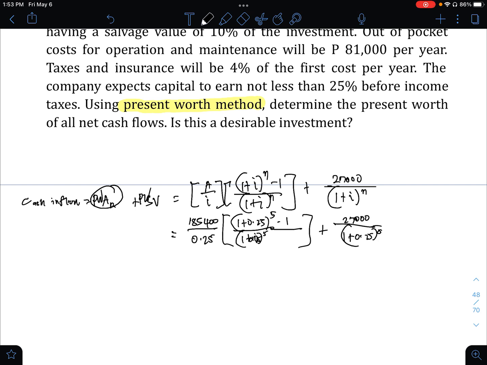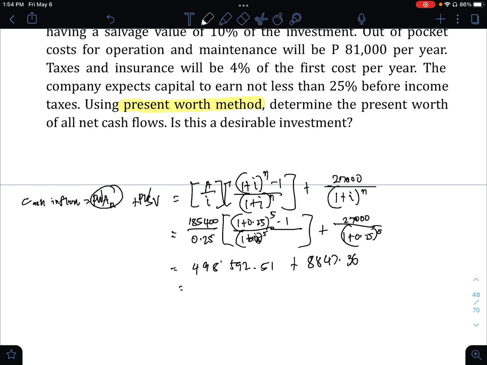Sorry, raised to the power of 5 pala, sorry. This is 498,592.51 plus 8,847.36 for the salvage value.